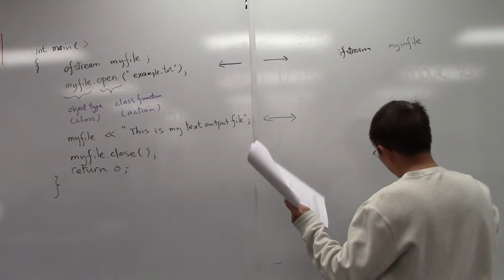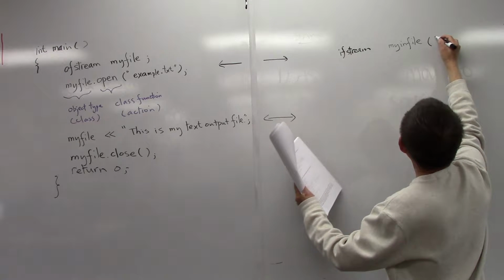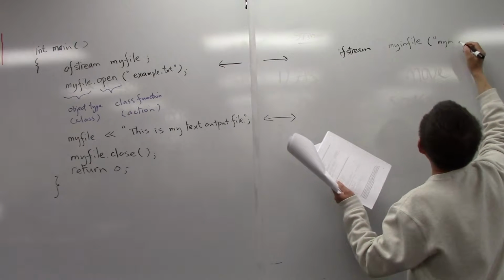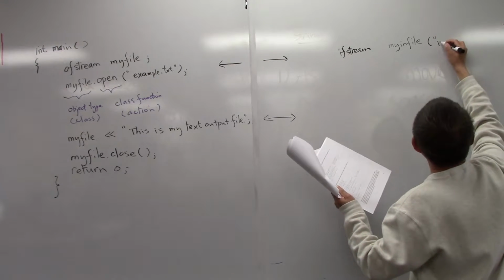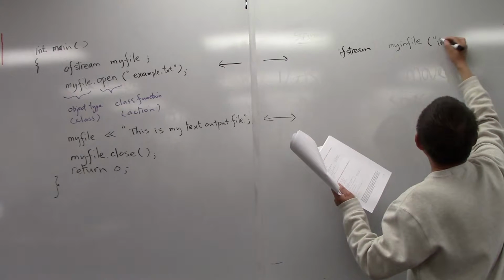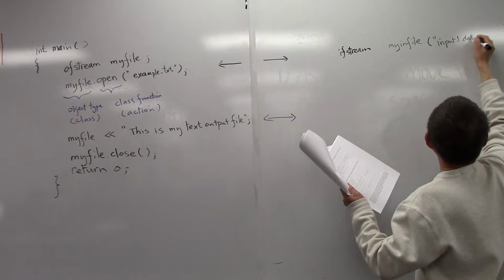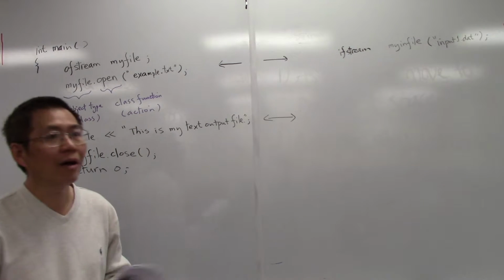You declare that and then give the file name here, my in. Okay, let's say the file name is called input 1.dat. Okay, now I was a little bit hesitating. Now I understand.